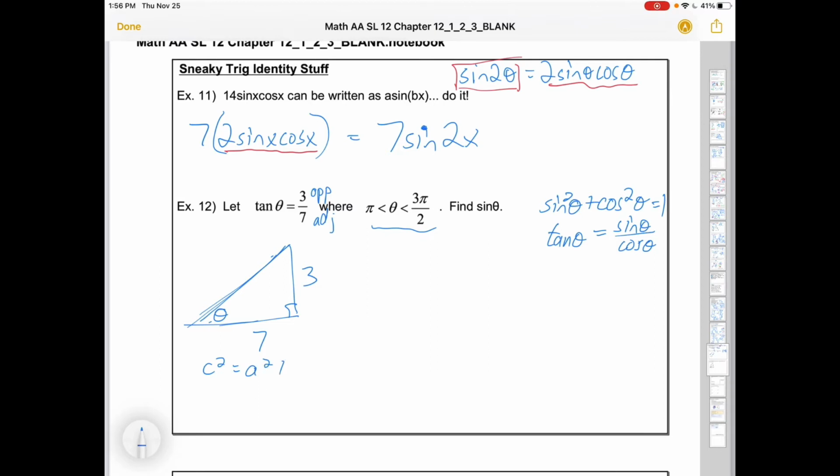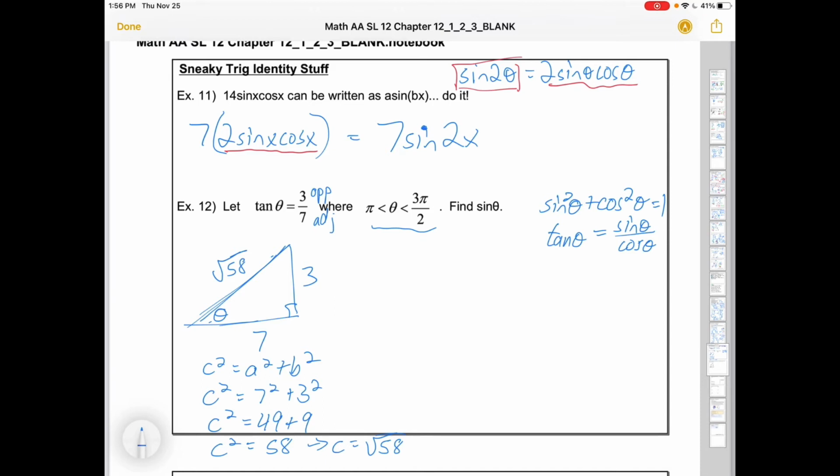So c squared is a squared plus b squared, so c squared is going to be 7 squared plus 3 squared, or 49 plus 9, or c squared is 58, or c is root 58. And we can just leave that in exact terms, especially if it's paper 1.